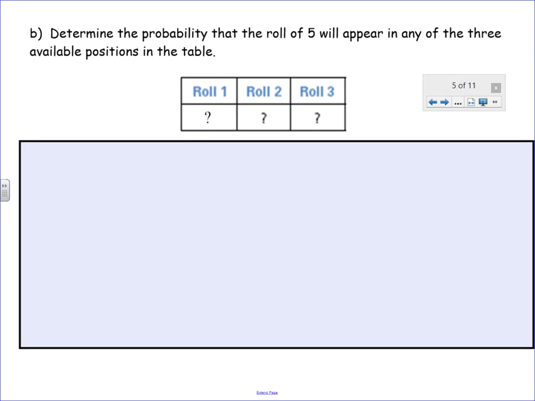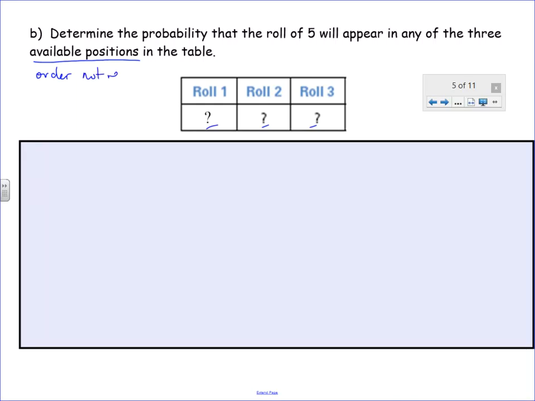It's not just placing a 5 in the first position, but you can see how we are questioning the position of the 5. And what's really key here is this notion of available positions. We know that the order isn't going to matter, where that 5 goes.